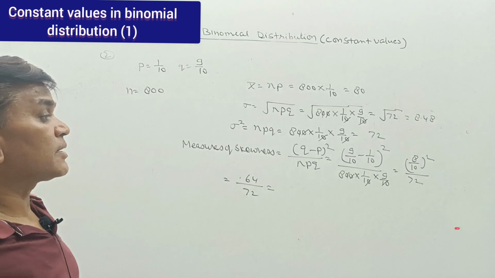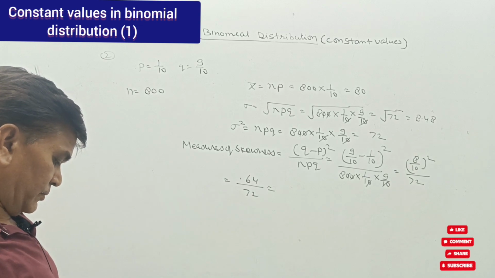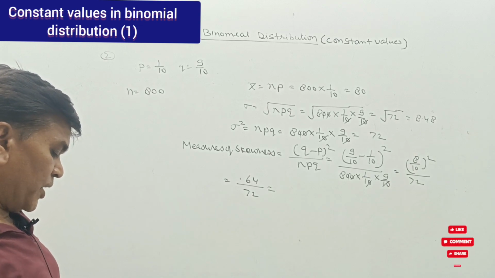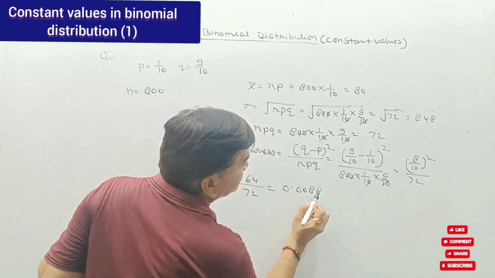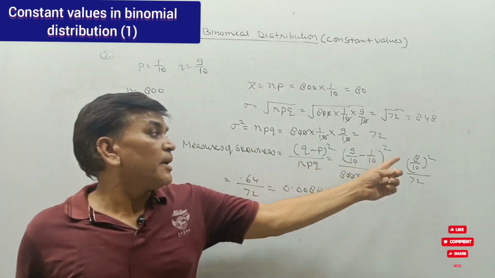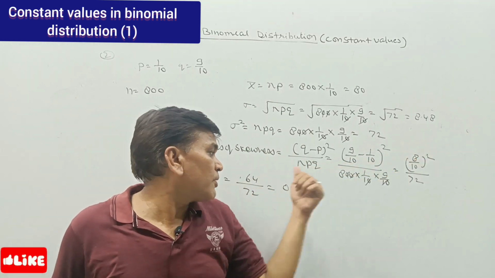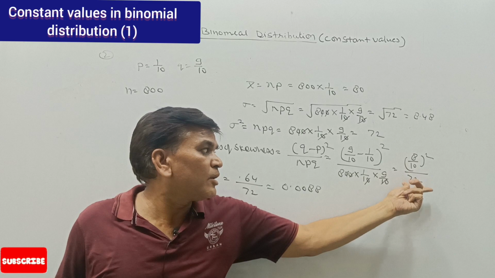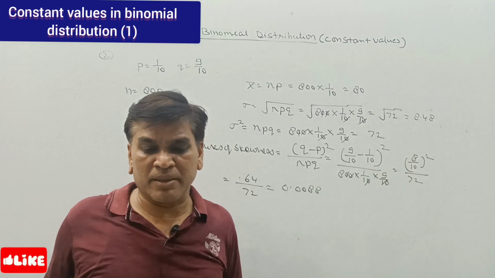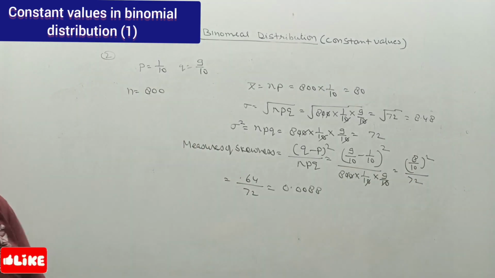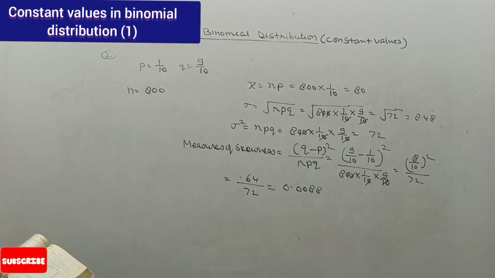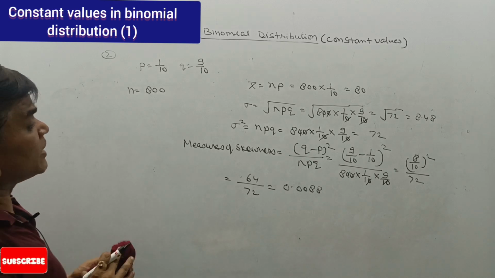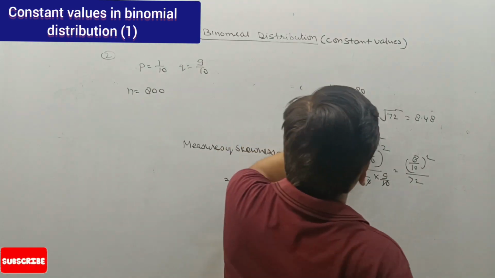How have we calculated? 0.8 square is 0.64 divided by the lower value 72. So 0.64 divided by 72 gives the value 0.0088.